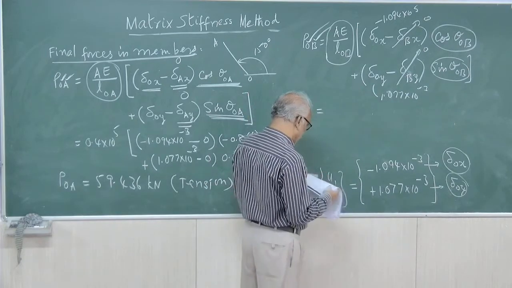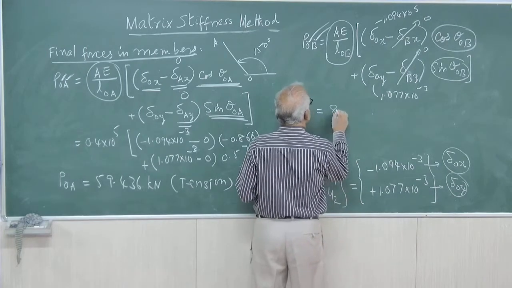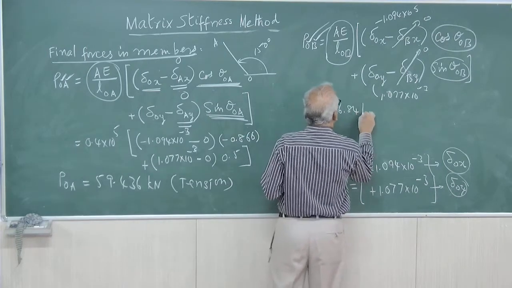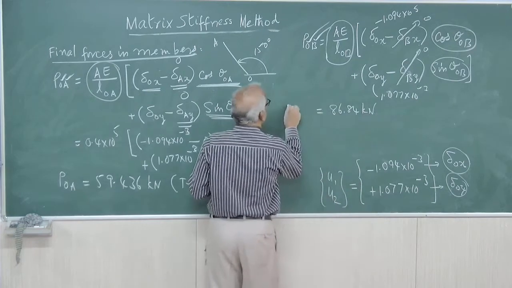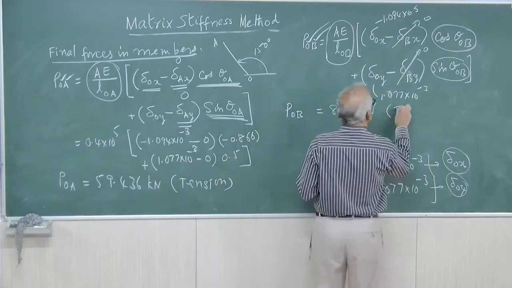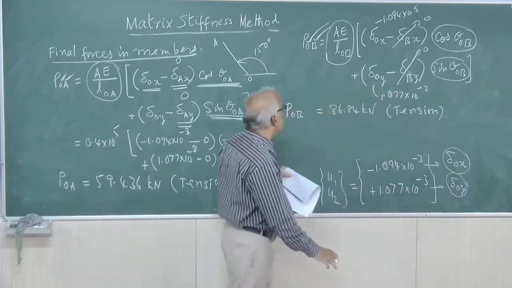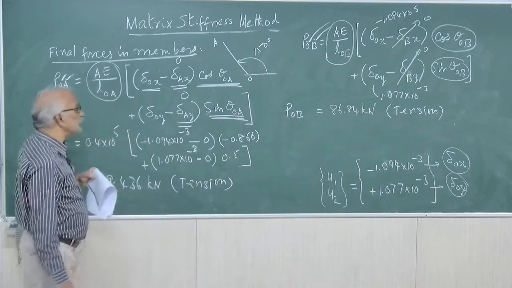Substituting, we will get plus 86.84 kilonewton. So this is POB. Since you are getting it with the plus sign, this is also tension. You know, tension is plus and compression is minus.